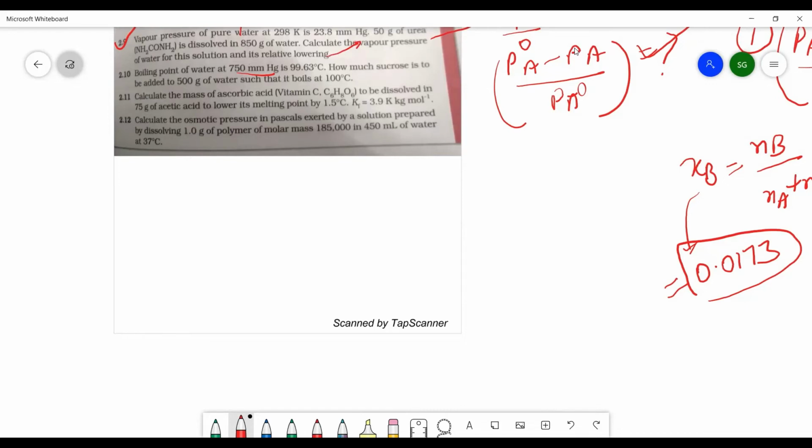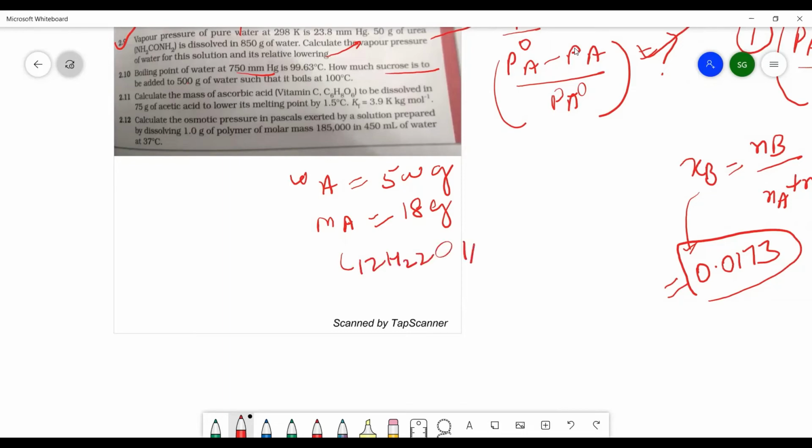Okay. तो यहाँ पर how much sucrose is added to 500 gram of water? That means WA is given to you 500 gram and MA comes out to be 18 gram. Sucrose is added to the water such that sucrose is C12H22O11.